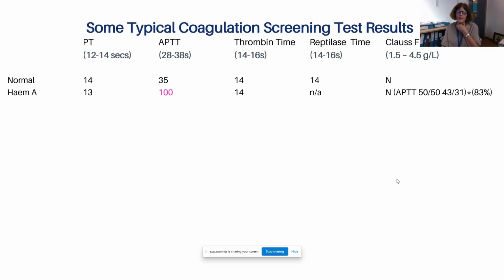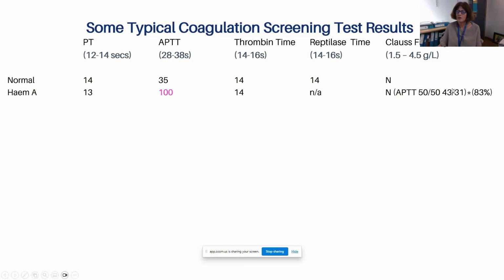If I've got a patient with haemophilia A, which is factor VIII deficiency, I'm going to find an isolated prolonged APTT. This sample has a 100-second APTT. When I do the thrombin time, it's normal. And then I do a 50-50 mix, which is an equal volume mixture of the patient and normal plasma.